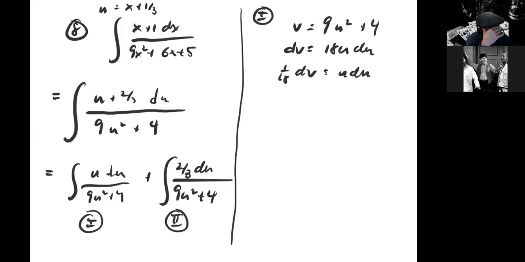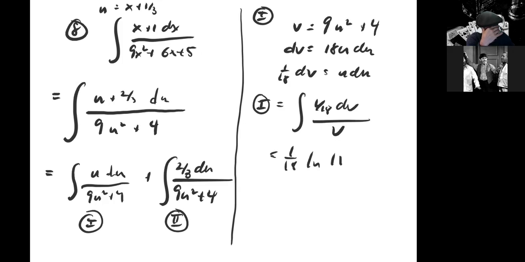So 1 is equal to the integral of 1/18 dv over v. So that's 1/18 ln absolute value of v plus c. So that's 1/18 ln of 9u squared plus 4 plus c. Now 9u squared plus 4 is always positive, so I don't even need an absolute value symbol.